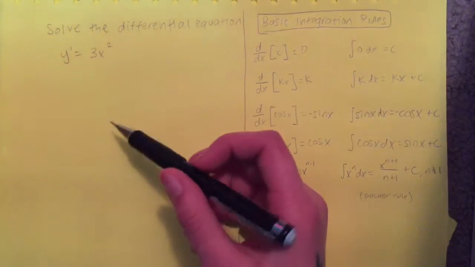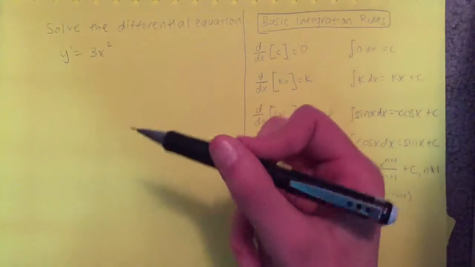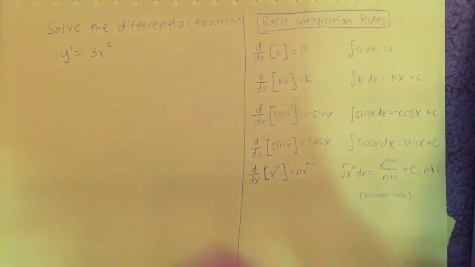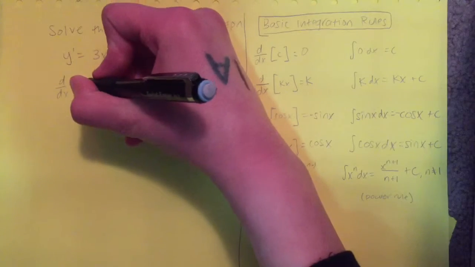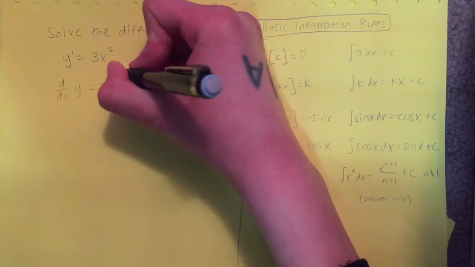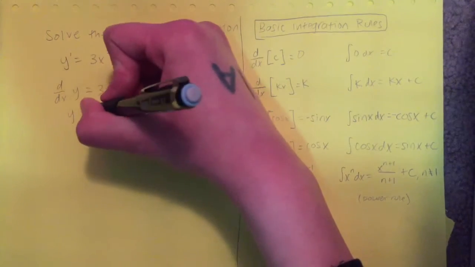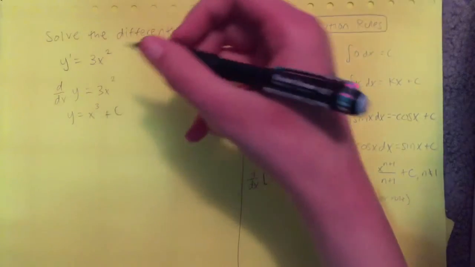Over here it says solve the differential equation. We can solve it by saying d over dx of y equals 3x squared. So y equals x cubed plus c.